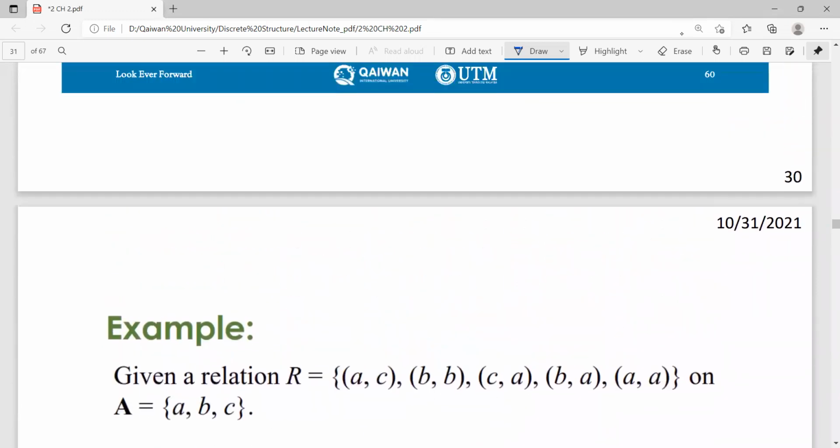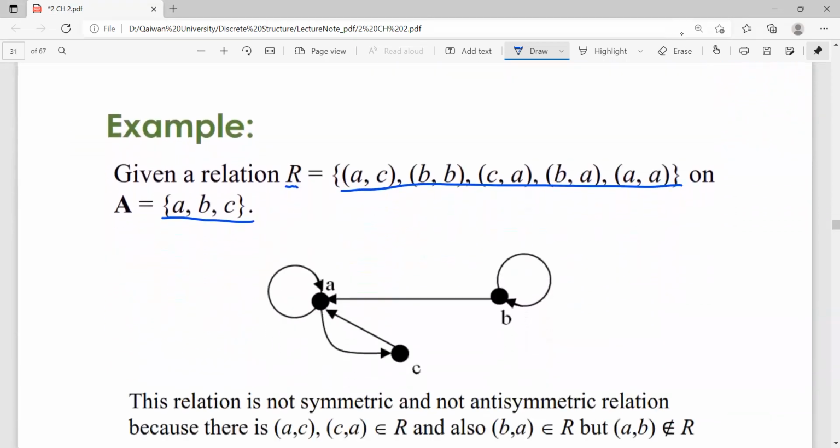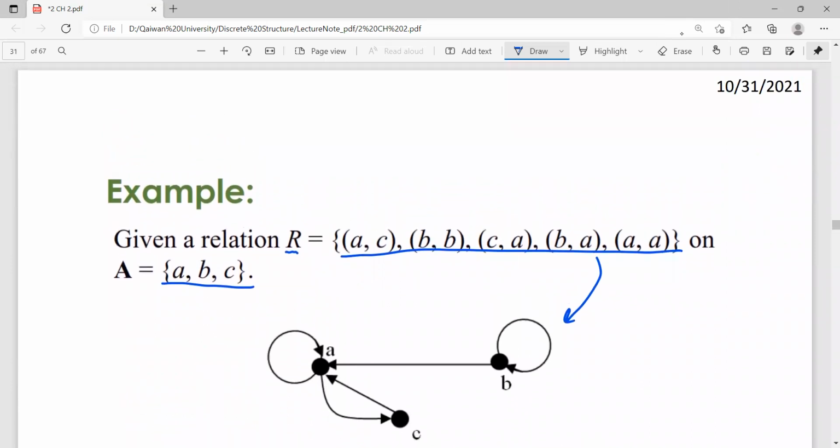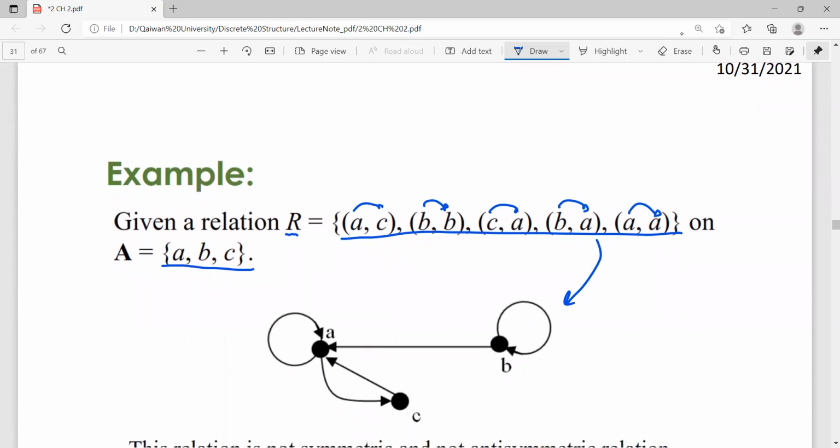Here we have an example. We have this relation on the set {a, b, c}. It's easier to write down the diagram. To construct the diagram, we have an arrow from A to C, an arrow from B to B, C to A, B to A, and A to A. We have these arrows.